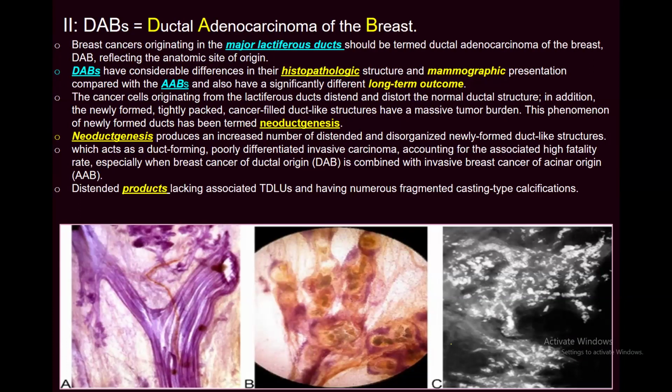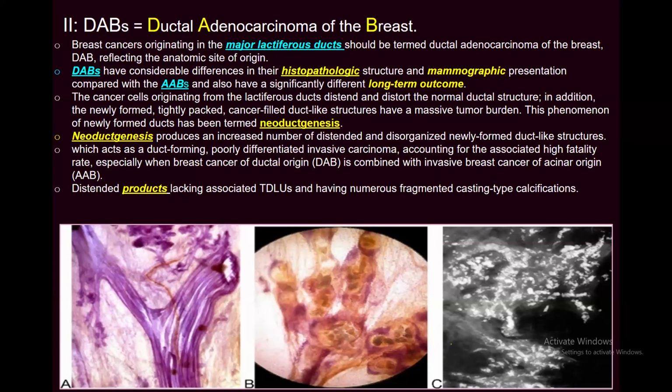It can be invasive cancer, and in invasive cancer it also arises in a major lactiferous duct and is associated with neoductogenesis.